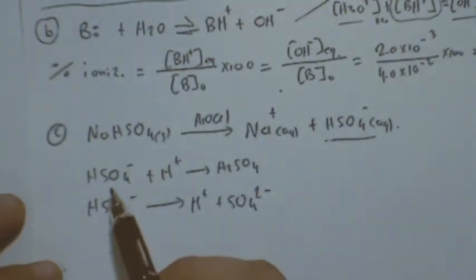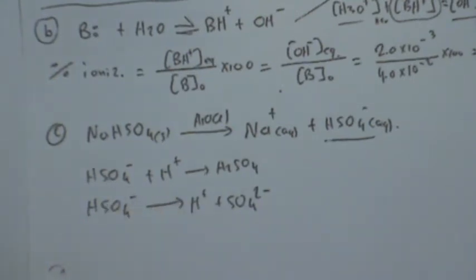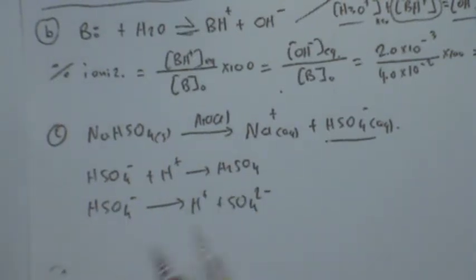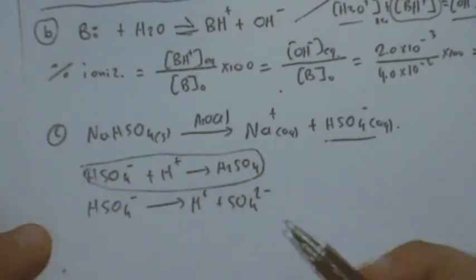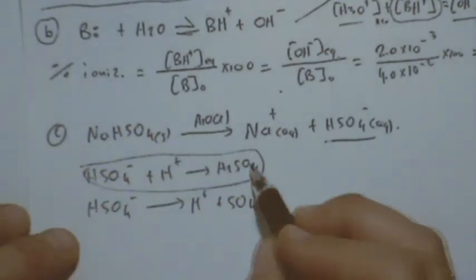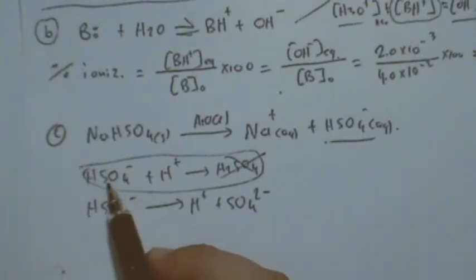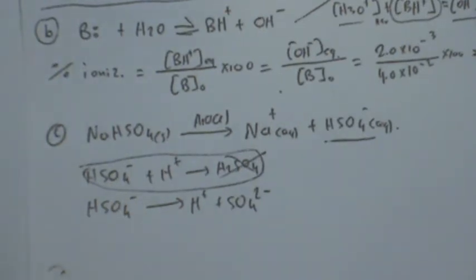Possibilities, right? This is hypothetical. You can take a proton, so hydrogen sulfate potentially can act as a Bronsted-Lowry base or a Bronsted-Lowry acid. Now the question is, is that reasonable? Is this reasonable, the first one? That's not reasonable. Why? Because sulfuric acid is a strong acid. It cannot be in water like this. We know that. It's a strong acid, so its conjugate base is extremely weak. It will not react with water. Right?